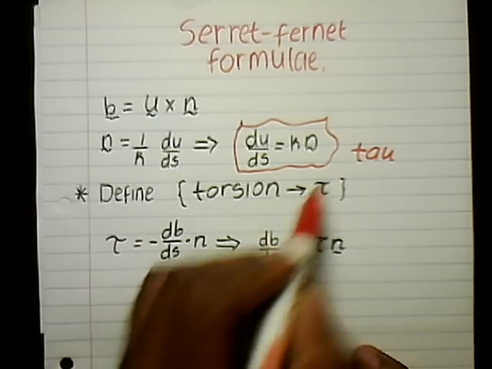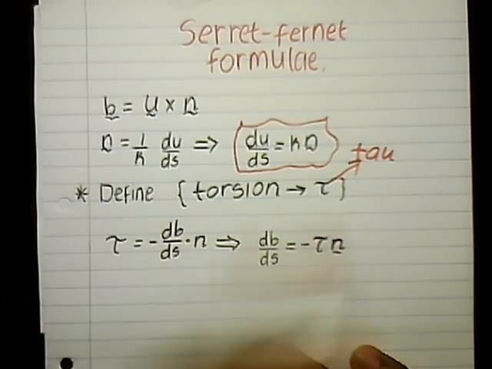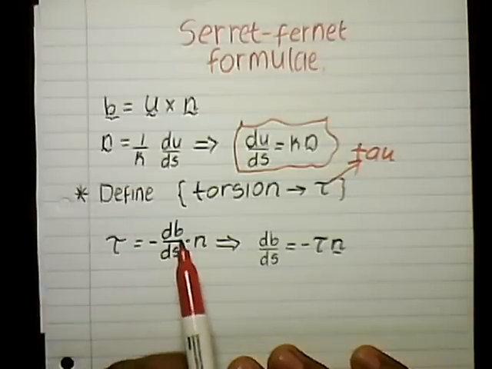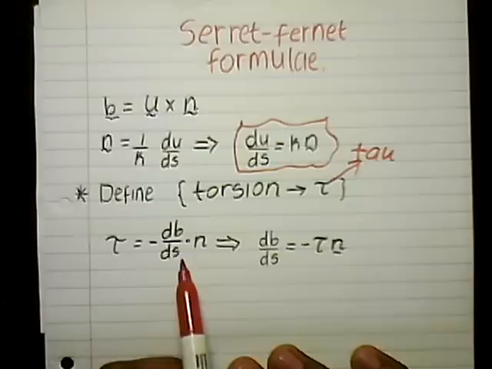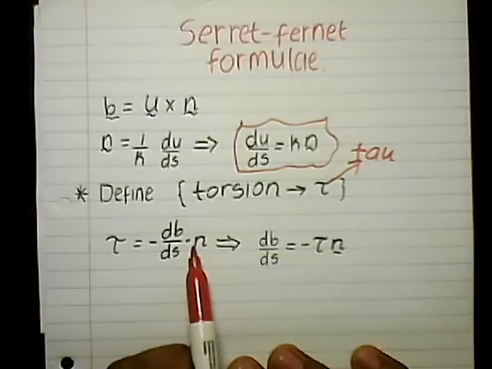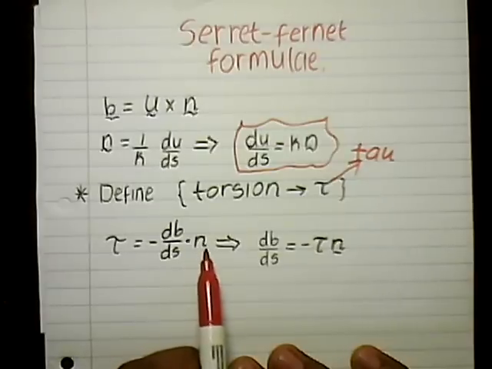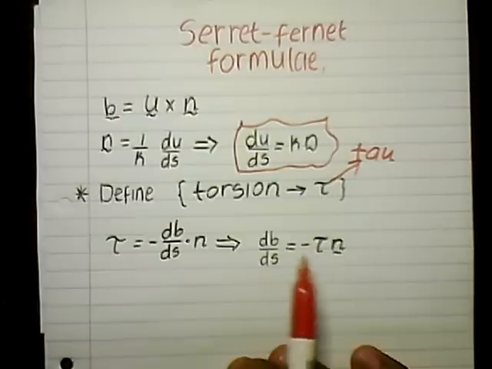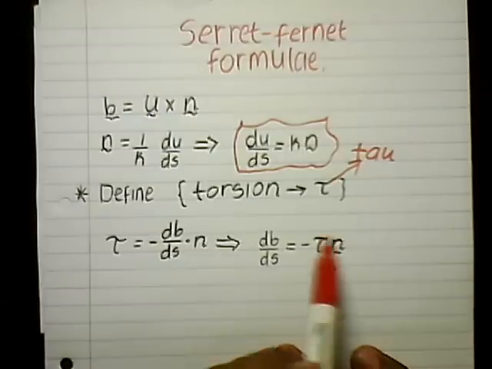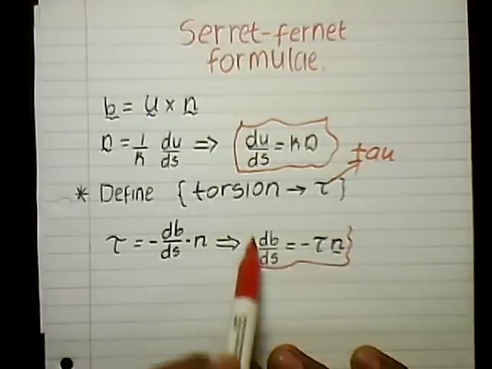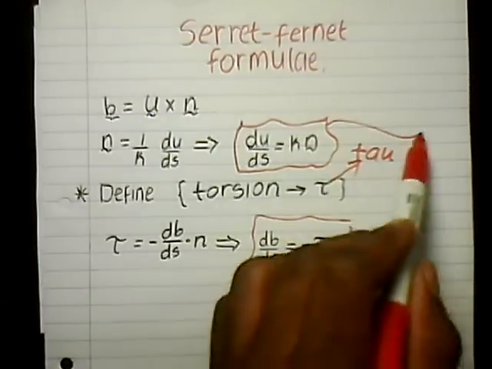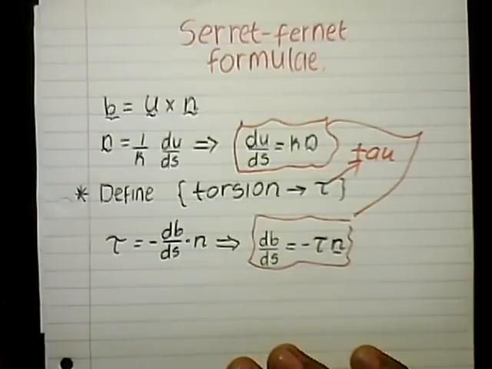So we're going to represent torsion by tau, and we say that tau is equal to the negative of the b ds dot product here, dot n, and then the b ds is given by negative tau multiplied by the normal vector. Okay, now these are the two things that we are going to focus on in this video.